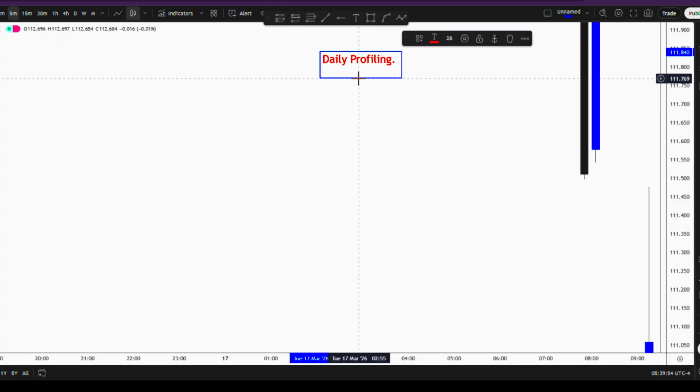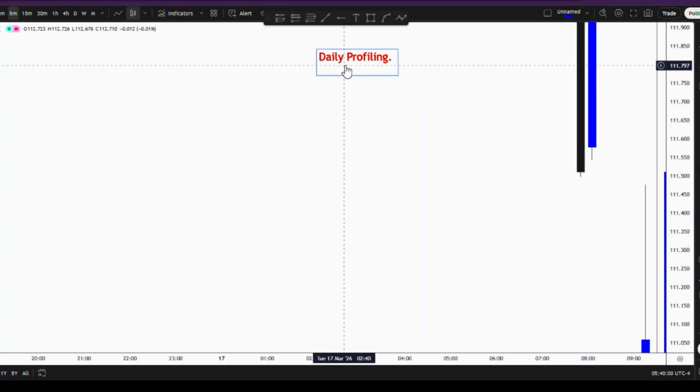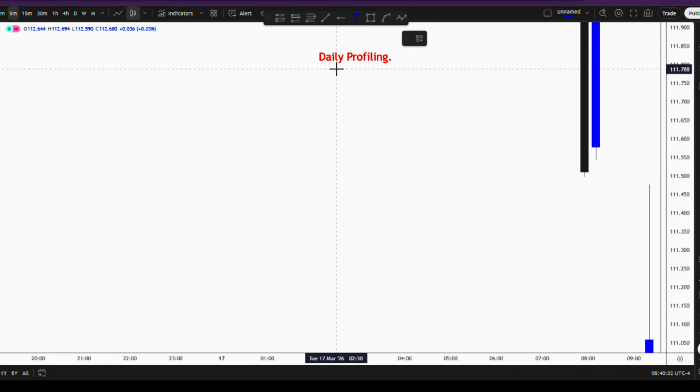From that, we are able to see how the daily candle is going to be formed so that it can fit our objective, which is our bias. Now that we have established our daily bias from the weekly profile, we are going to look at how the daily profile is established. This framework helps traders understand how price forms the daily candle through key session behavior.